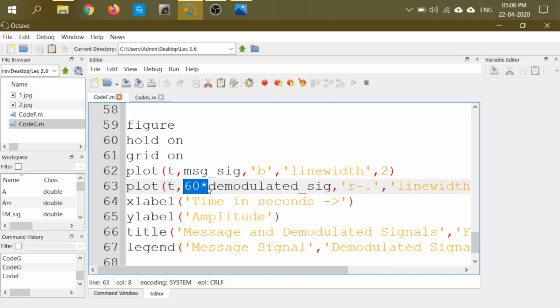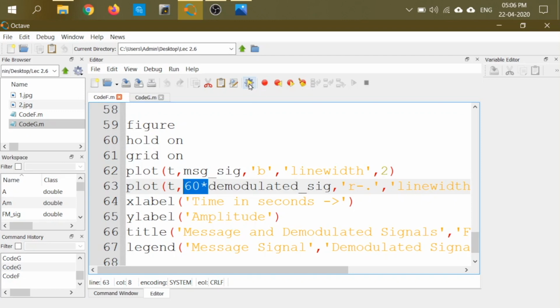This factor of 60 comes from the fact that when you pass your signal through various filters and various modulation and demodulation processes, a lot of energy is lost by filtering, sending your signal over the channel, modulating it, etc. So at the output we need an amplifier, and 60 is not a specific number that has to be used; you can use any number of your choice. I have selected 60 just to make those two plots look exactly the same.